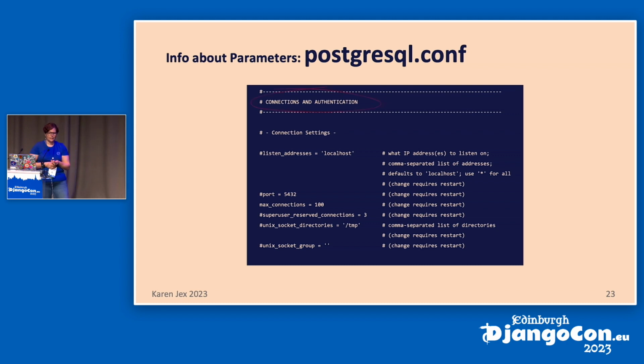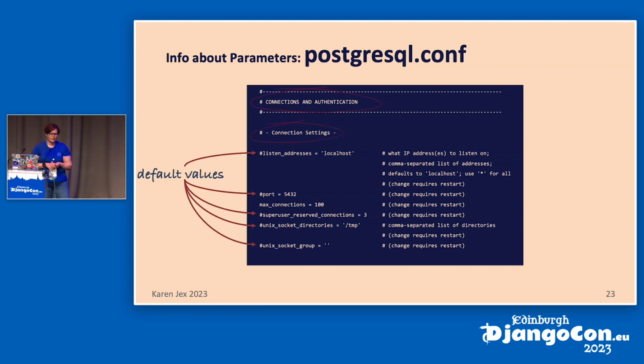Here I've got the connections and authentication section, with information about some connection settings. You'll see that all of the default values are included, but they're commented out. It gives you comments about each of them, some information about the parameter, and also tells you whether or not changing that parameter requires a restart of your server.